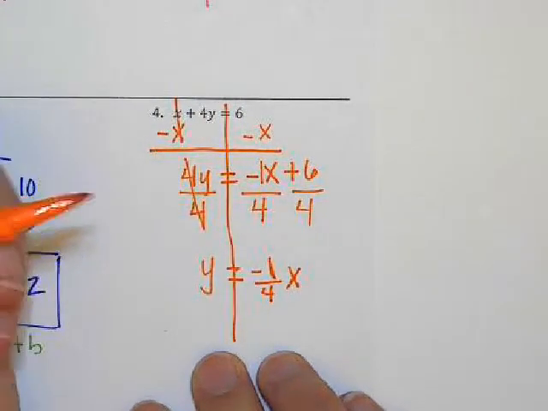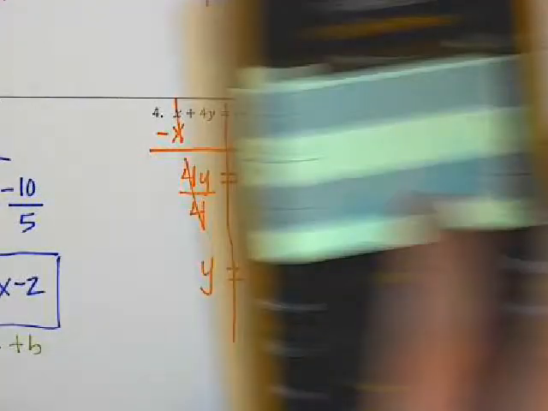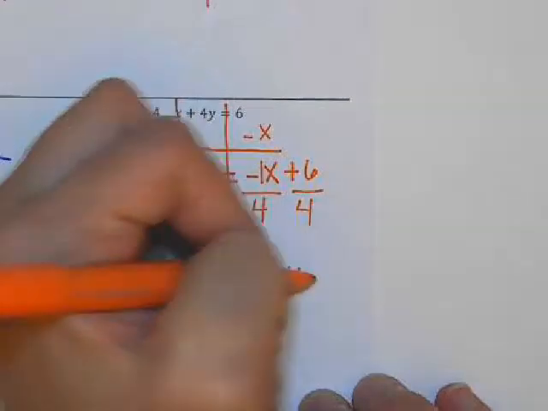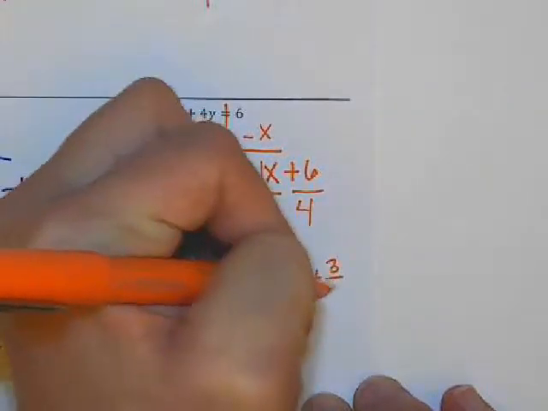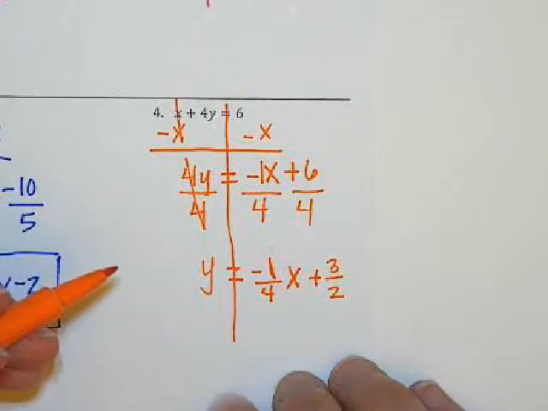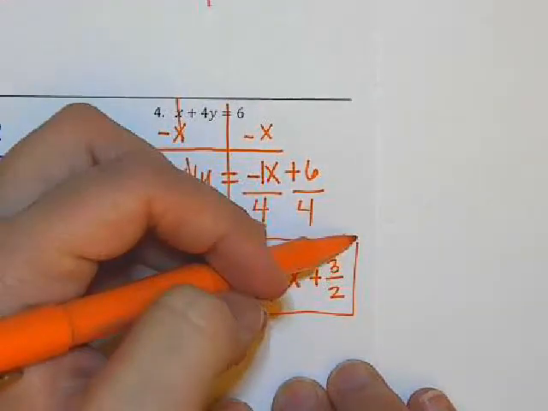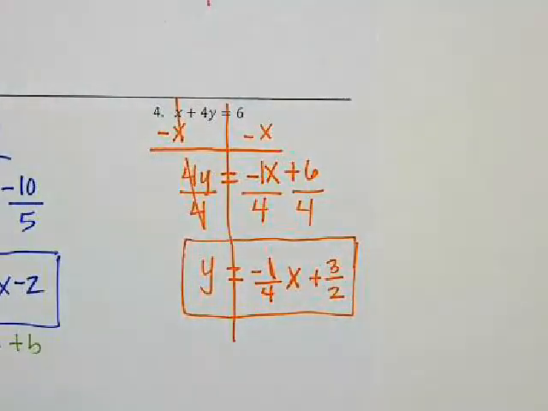Then I've got 6 divided by 4, which gives me 3 over 2. And we always want to write the most reduced answer, so positive 3 over 2. Is y by itself? Yes. That's my answer. Okay, tape these in, and then I'm going to come around with your practice.